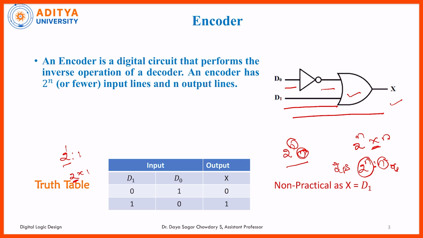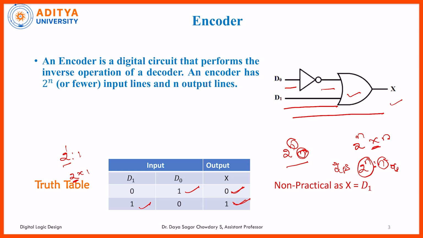A 2 into 1 encoder contains 2 inputs, either 0 or 1. If x is equal to 0, one input is enabled, and if x is equal to 1, the other input is enabled. Likewise we have to construct the entire truth table.